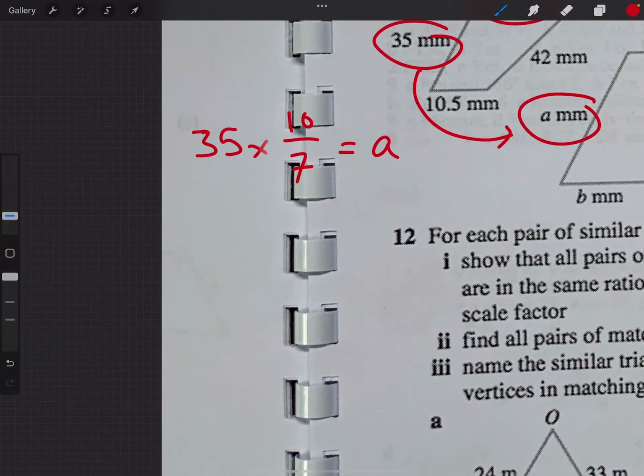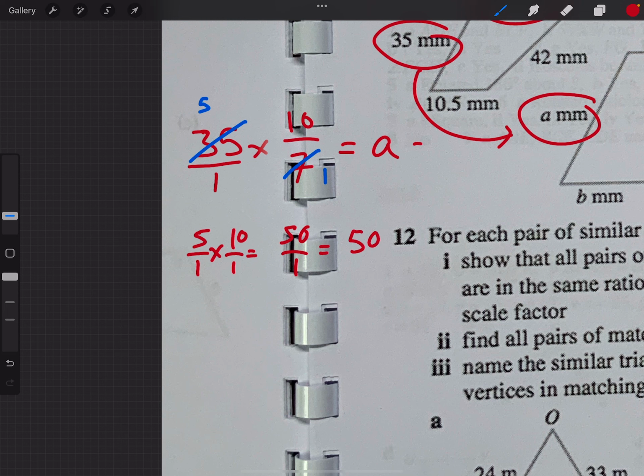Alright, let's process this. Now 35 is a whole number, so it's over 1. Now we can simplify. I can divide this by 7, I will get 1. Divide this by 7, I will get 5. So really, it's 5 over 1 times 10 over 1, which equals 50 over 1, which is just 50. So a is equal to 50. There's a.